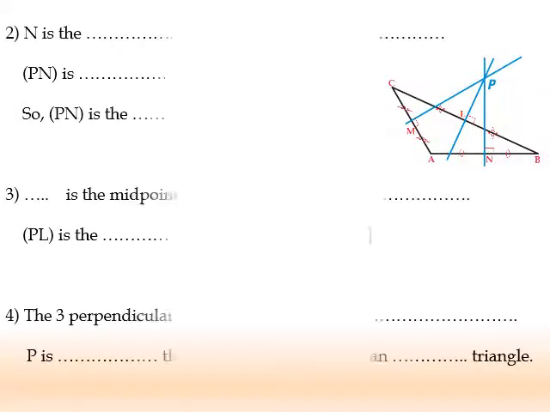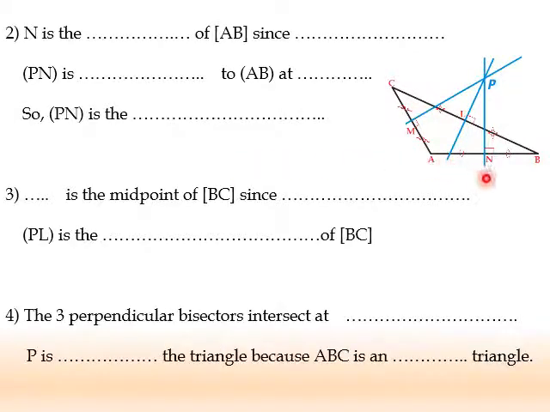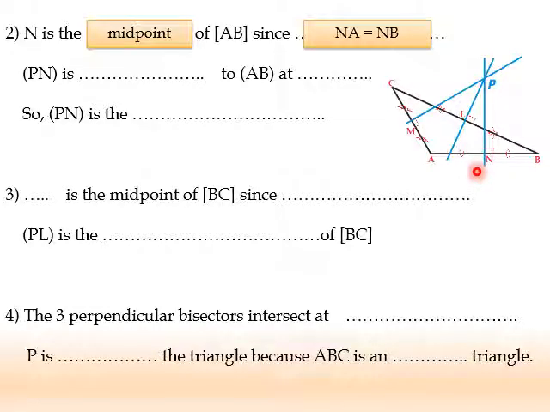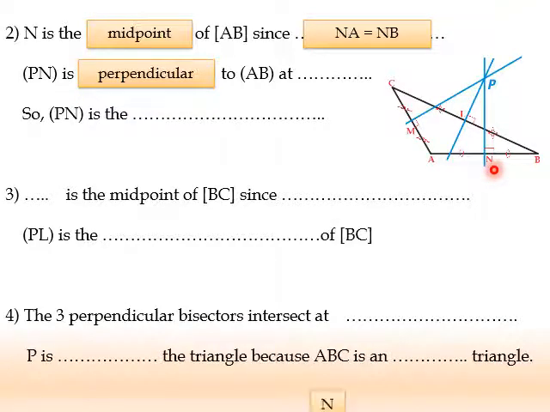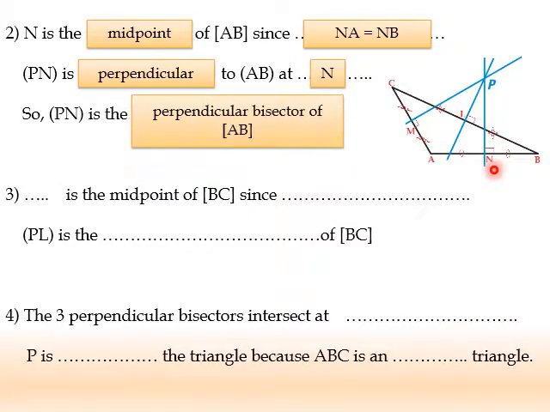Now, again, this is our figure. What about N? N is the midpoint of AB, since AN equal to NB. So, what can I say about PN? It's the perpendicular to AB at its midpoint N, so PN is the perpendicular bisector of AB.